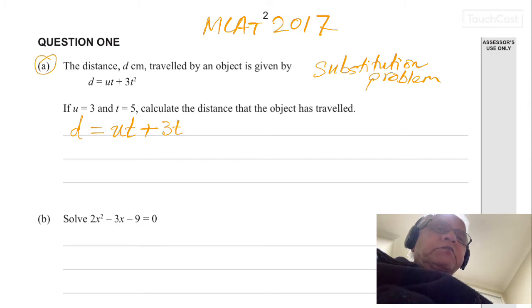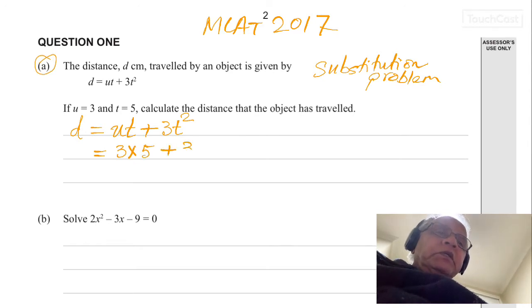They are not particularly worried about it. So the first thing you've got to do is just replace the variables with the given data. So 3 times 5 plus 3 times t, which is 5 squared.